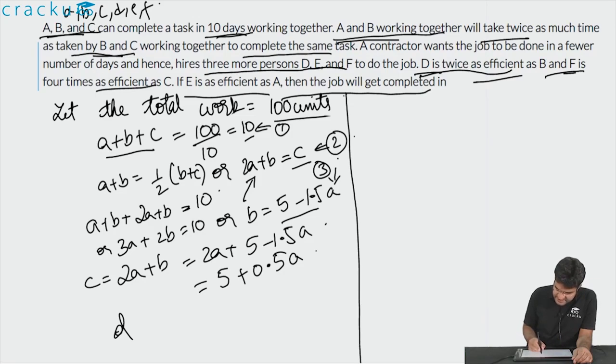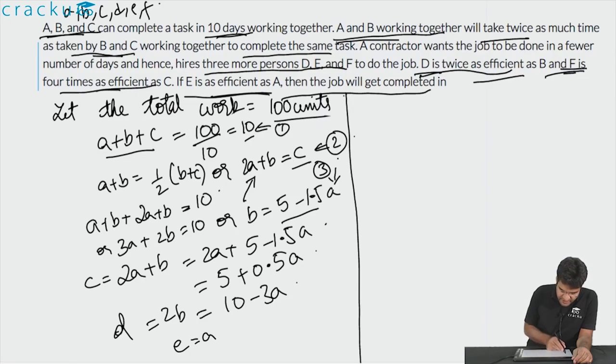D is twice as efficient as B. So D is equal to 2B, which is equal to 10 minus 3A. E is as efficient as A. So E is equal to A, and F is 4 times as efficient as C. F is equal to 4C, which is equal to, this is the value of C, 20 plus 2A.